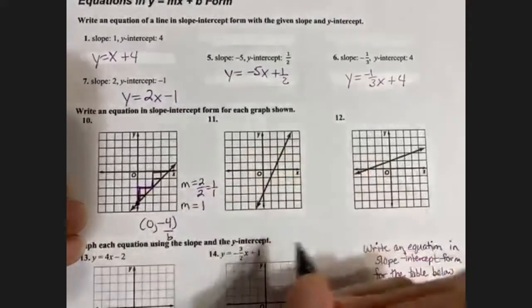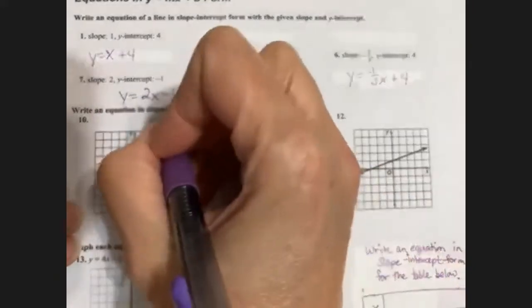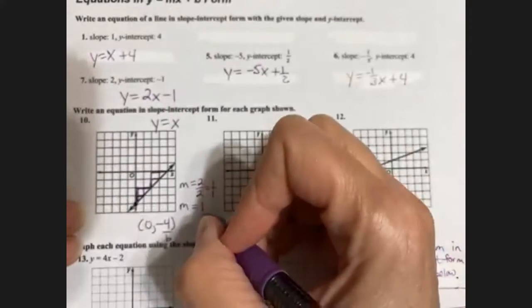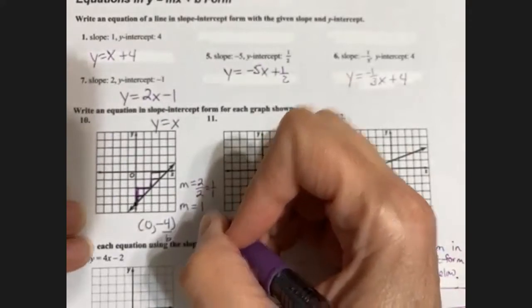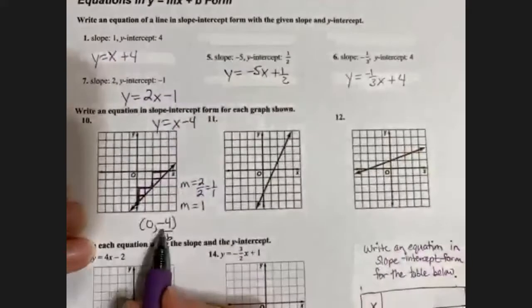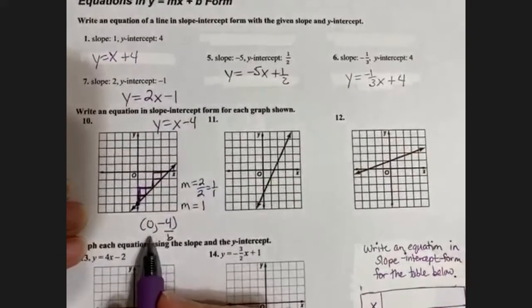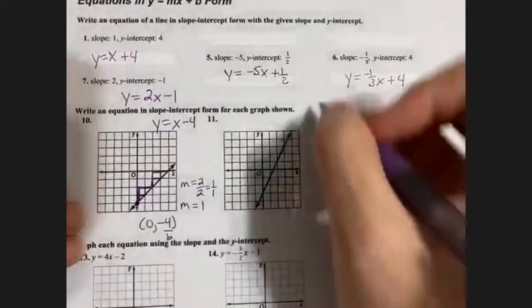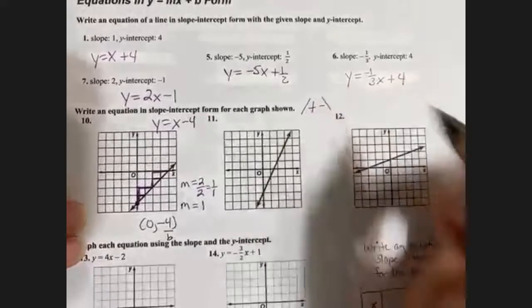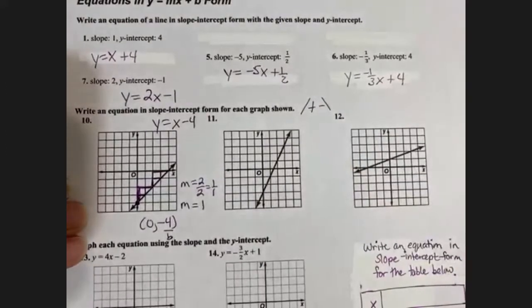So slope is 1. My equation would be y equals x minus 4, because that's where it hits the y-axis. And this should be a positive slope, because I remember my slope guy and which way my slope should be going. If you notice, all 3 of these are positive.